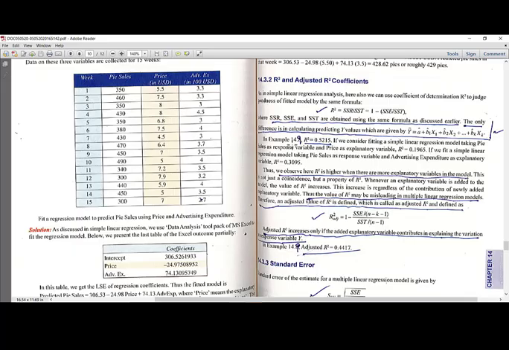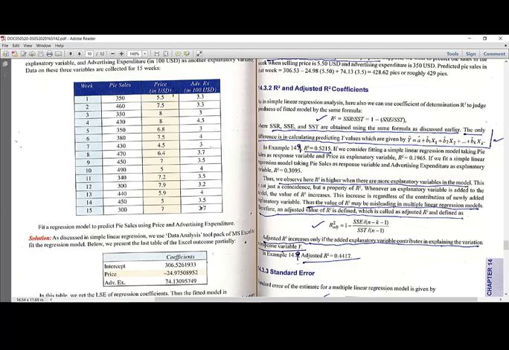In this particular example, pie sales and its relation with price and advertising expenditure, if we calculate the R square value, we get 0.5215. But one interesting fact: if we fit a simple linear regression model taking pie sales as the response variable and price only as the explanatory variable, then R square is 0.1965.